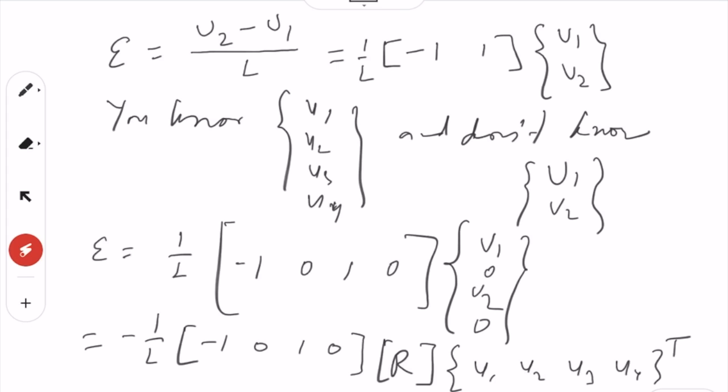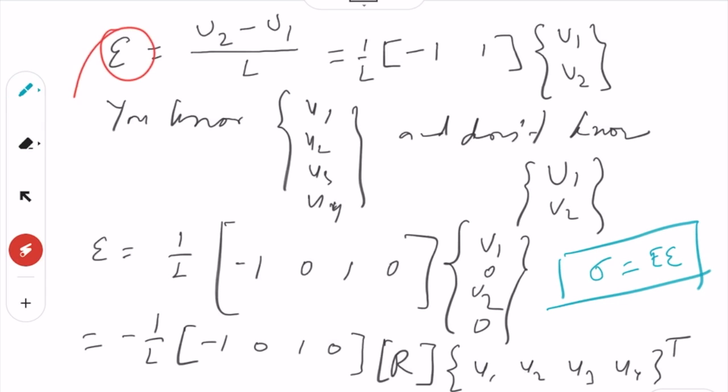Once you have u1, u2, u3, u4 multiplied by the transformation matrix, that will convert into this one, and this multiplied by this will give you the strain. The stress is nothing but E times epsilon, so if you know the strain, you know the stress, sigma equal to E times this. So you can calculate the strain by this method, multiply by the Young's modulus, and you get the stress. So this is very convenient to work with.